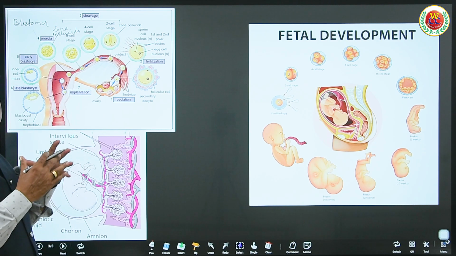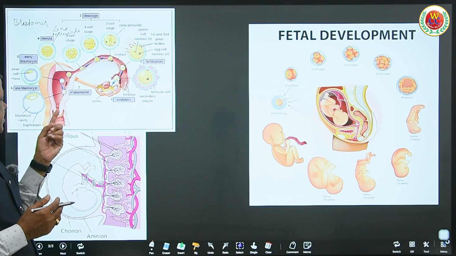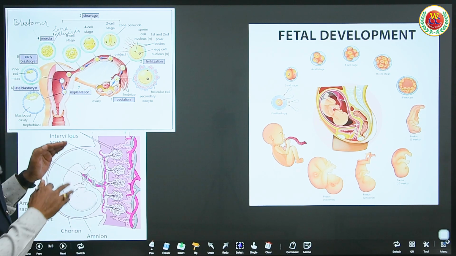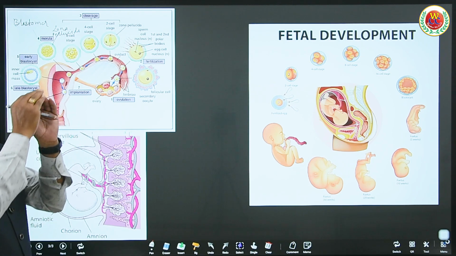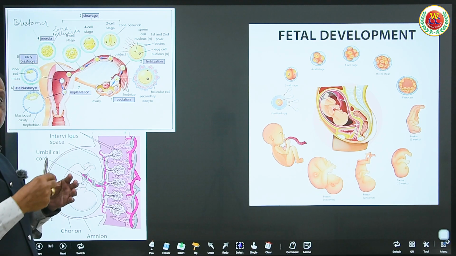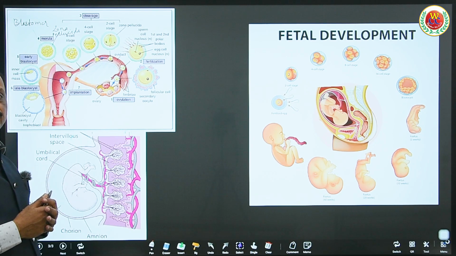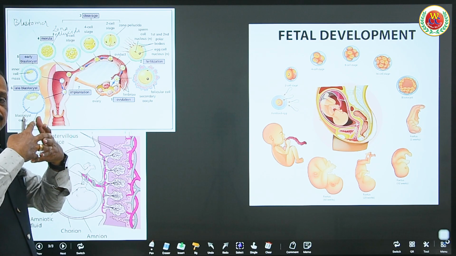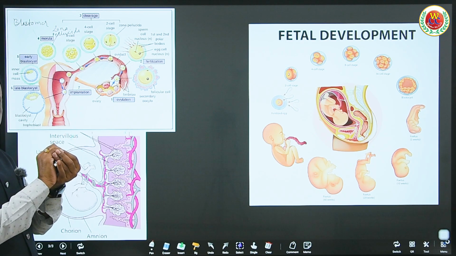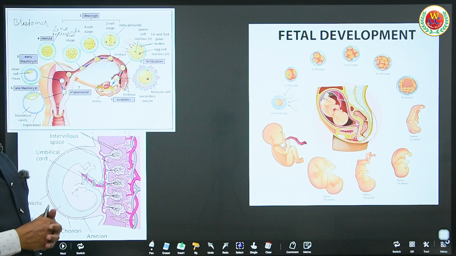Now the trophoblast cells form cytoplasmic processes to make the chorionic villi. These chorionic villi are formed all around by the trophoblast to get implanted into the uterus. So this chorion formed by the trophoblast interdigitates with the endometrial wall of the uterine tissue so as to have a firm attachment of the blastocyst into the uterus, and that is called implantation.